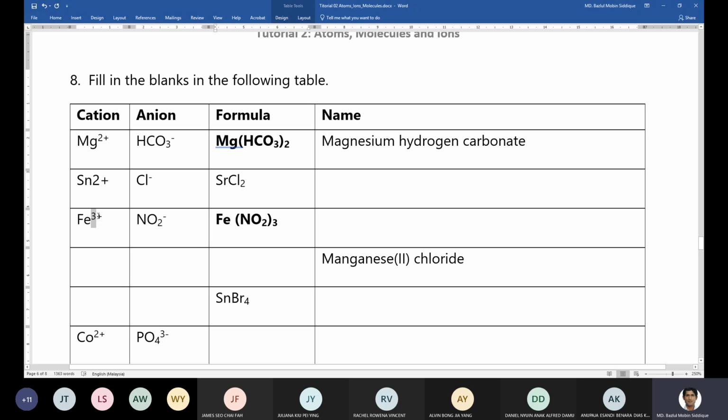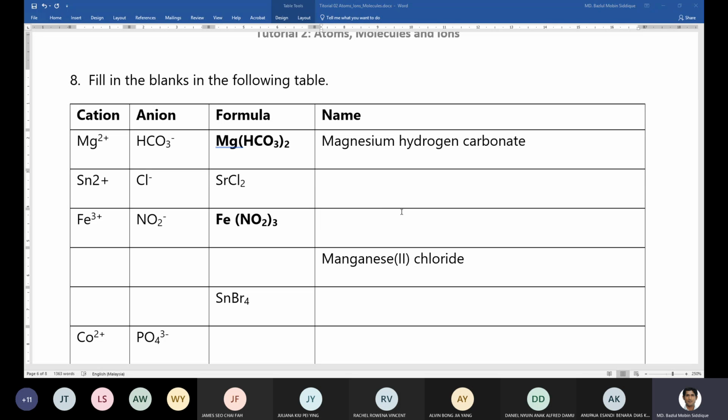Because there are 3 positive charges for iron and only 1 negative charge for nitrite, 3 nitrite will be required to neutralize these 3 positive charges. So there are 3 nitrite in there. So it is iron 3 nitrite.